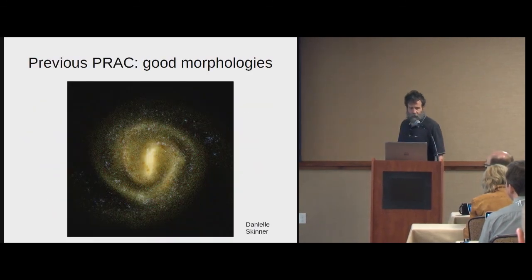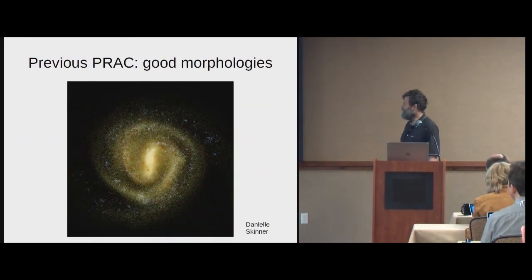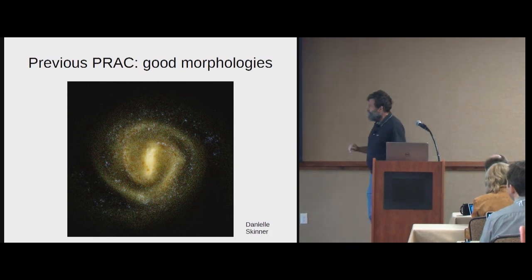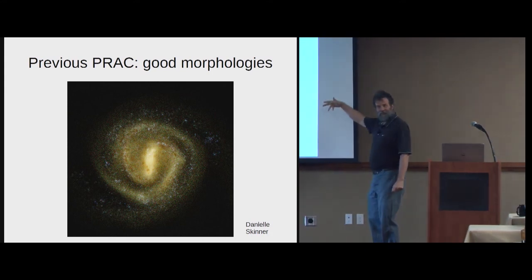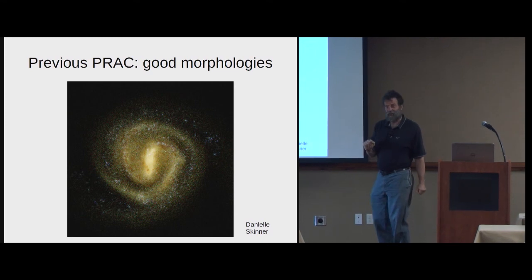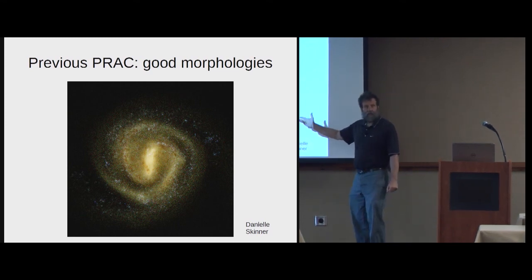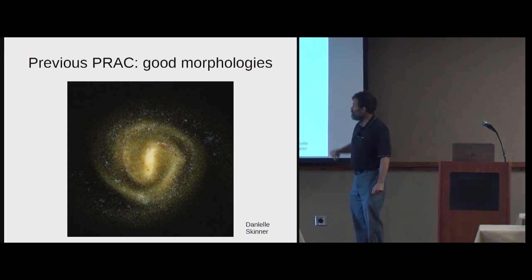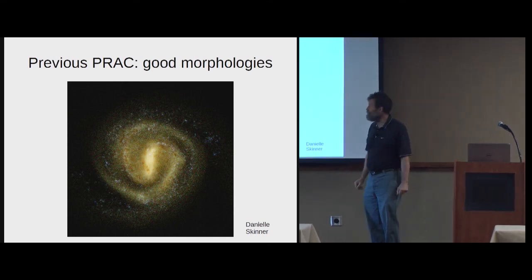So with the previous PRAC, I think we were successful. Okay, this is not as high resolution as the observational picture I showed you. Nevertheless, we're getting galaxies with good spiral morphology. We're getting reasonable star formation histories.